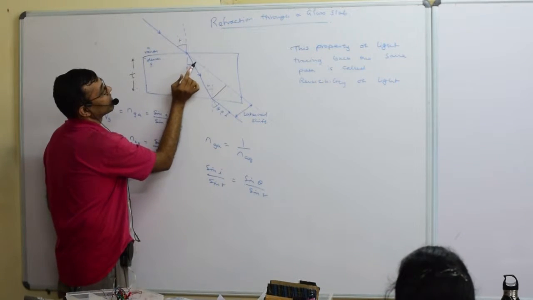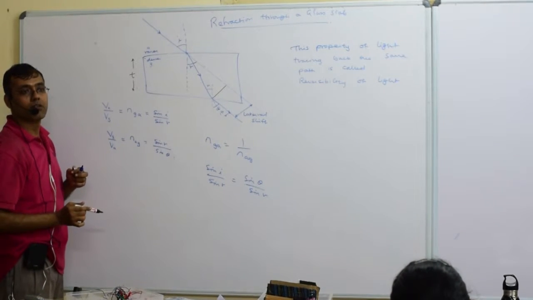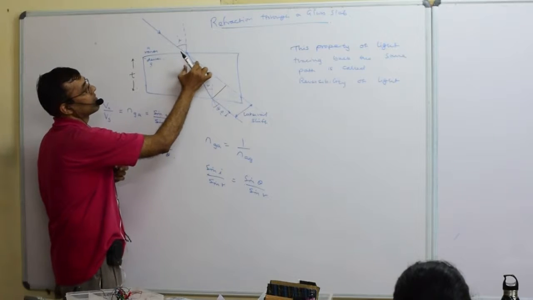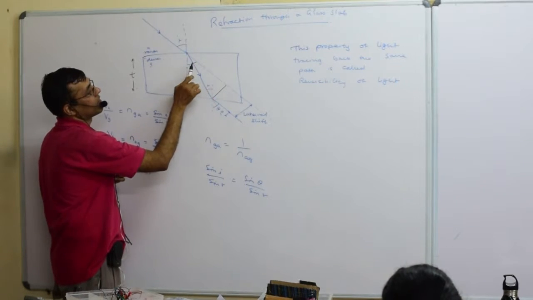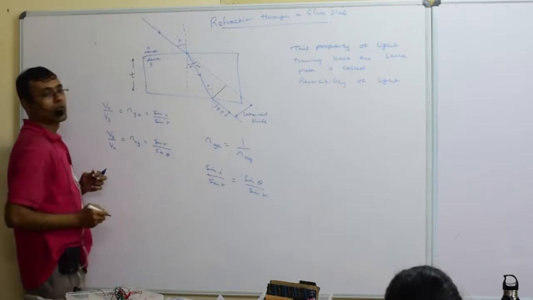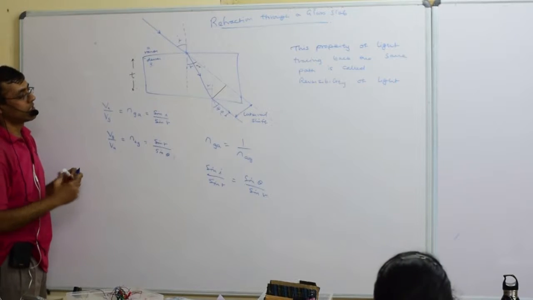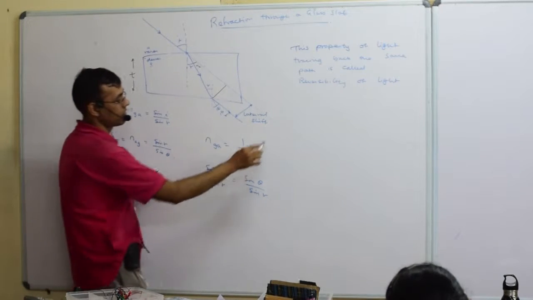So what can you say about this angle? I minus r, because this entire thing is I, but refraction is happening here, so this must be I minus r. You also try to write it in a different color so that it's easy for you to understand. That's a separate derivation. This one is separate.